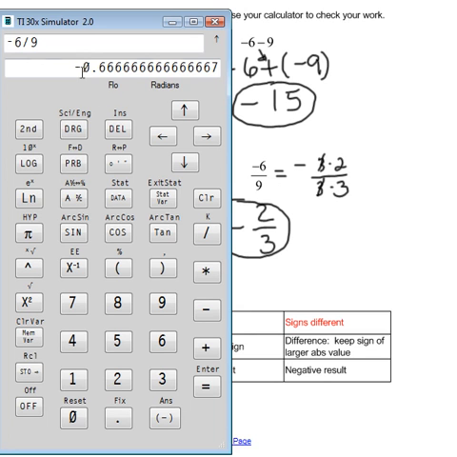It gives me this weird decimal number, but let's see if we can change the decimal to a fraction. Up above this PRB, it says F to D. F is fraction and D is decimal, so if we press second and then that PRB, it says take the answer and change it from a decimal to a fraction. There's my -2/3, just like we were hoping for.